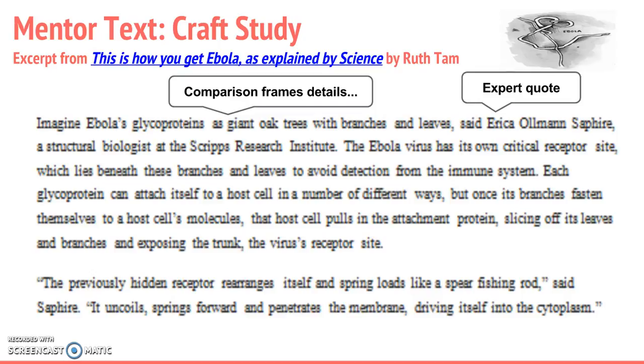And then you might note that this comparison frames the details that are used throughout this paragraph to further develop the relationship. For example, in the last sentence of this paragraph, you might notice the phrase slicing off its leaves and branches and exposing the trunk is used to describe how the host cell pulls in the attachment protein. This comparison illustrates how the Ebola virus spreads, helping the reader connect an unfamiliar or abstract process to a concrete image.